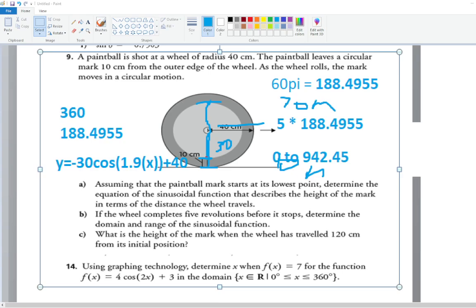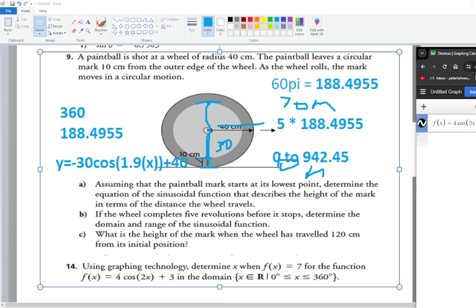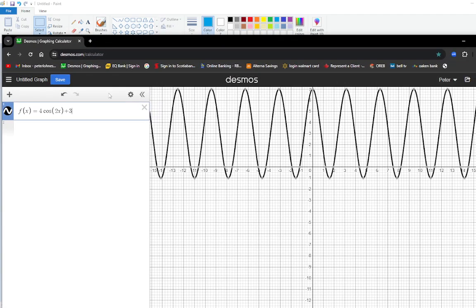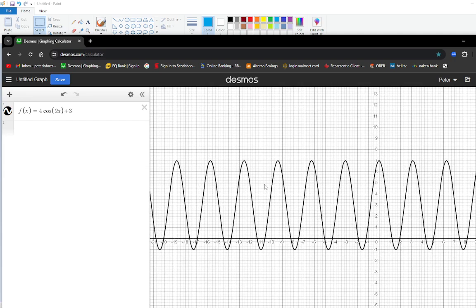So we just put that formula into Desmos and ask ourselves, what are they asking? When f of x is equal to 7. Well, they're asking us when the y value is 7, because f of x is over here, and they're telling us that's equal to 7.